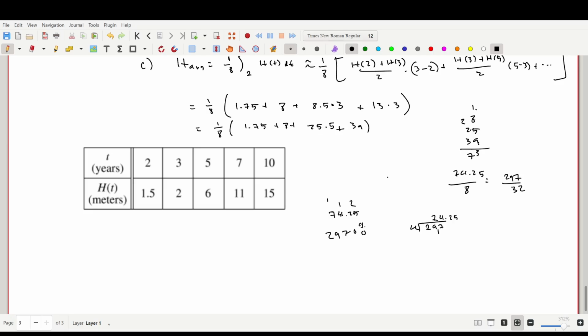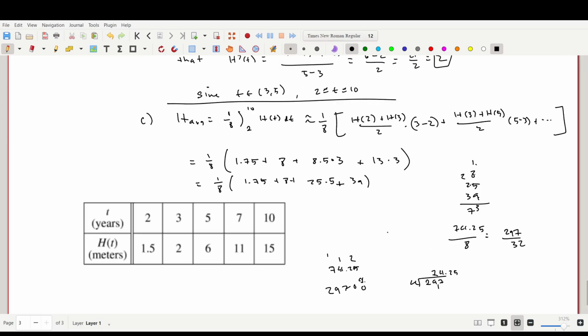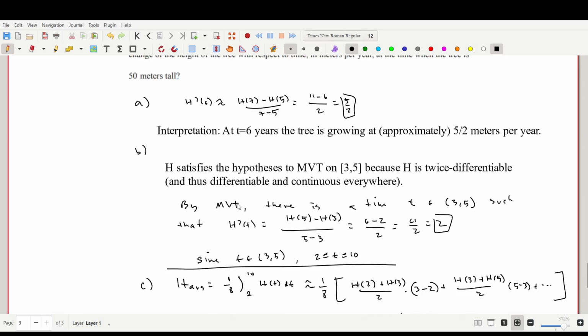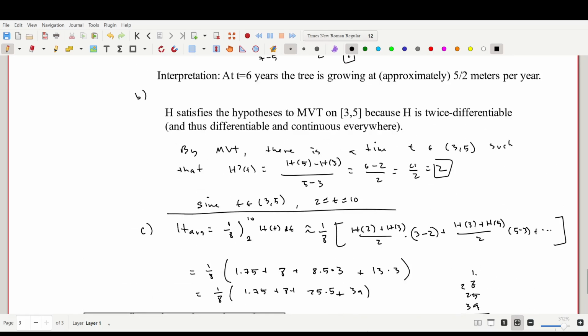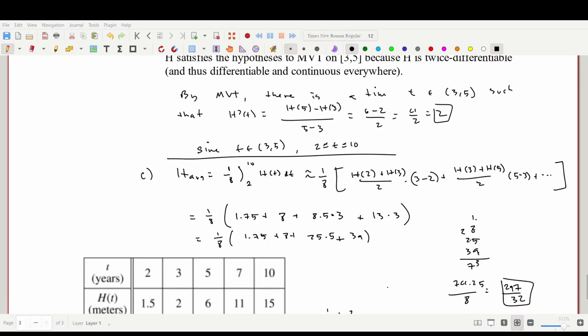Yep, that's right. And then divide by 8. Man, 297 over 32. What a ridiculous problem. And I probably made a mistake. I'm going to check that one right now just to confirm. Yeah, I'm off by a little bit.